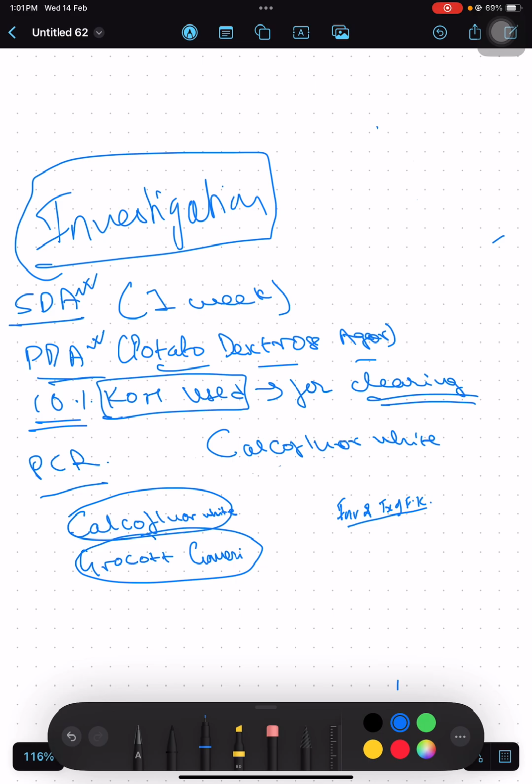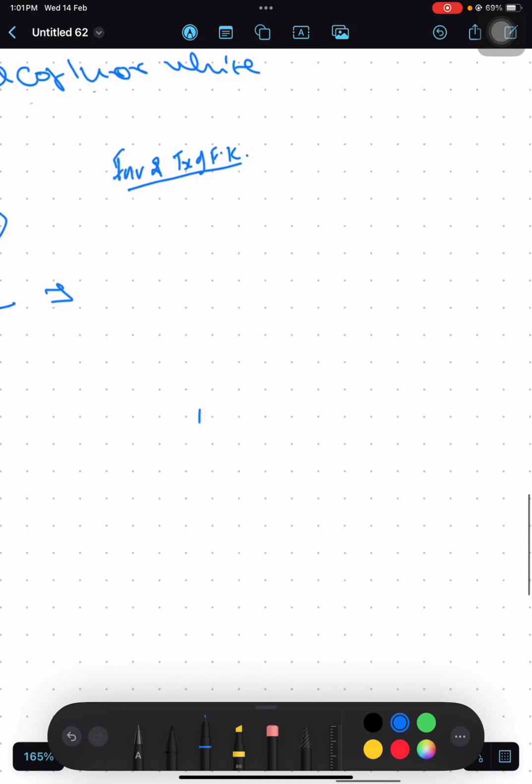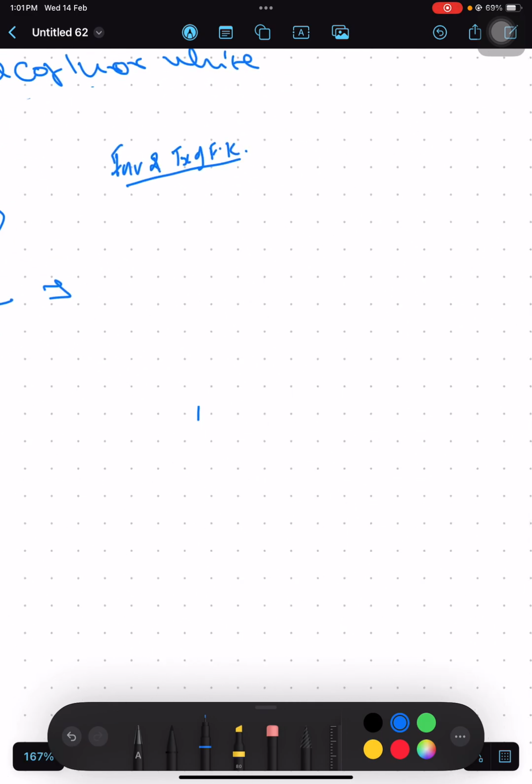Okay, and whenever you talk about the treatment of choice for fungal keratitis, what are we going to do? We will give natamycin as the drug of choice. And what are we going to do next?